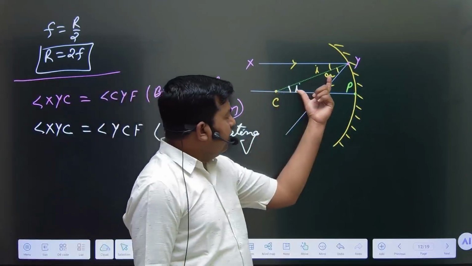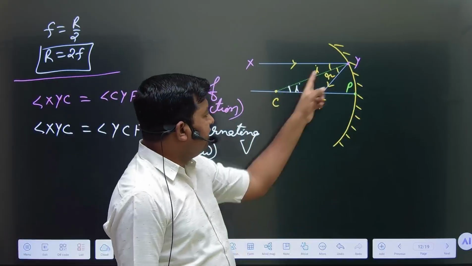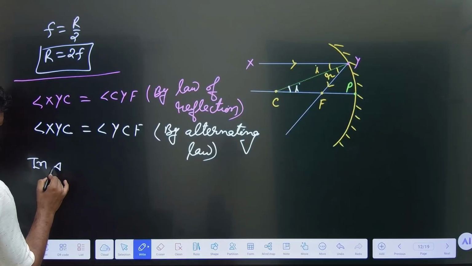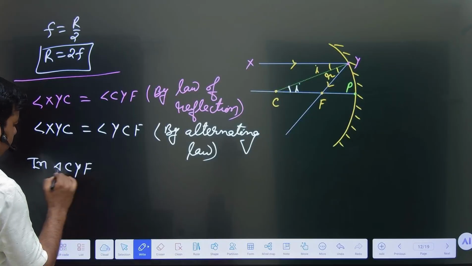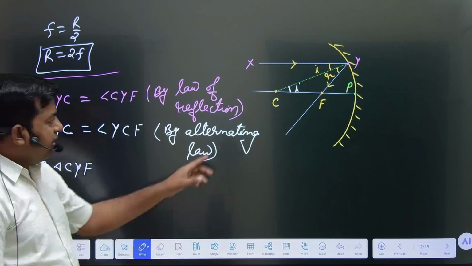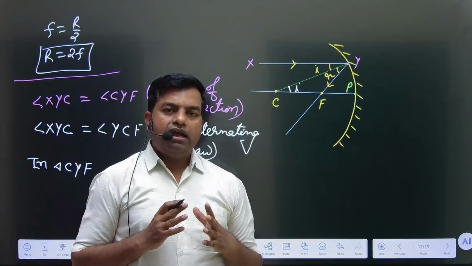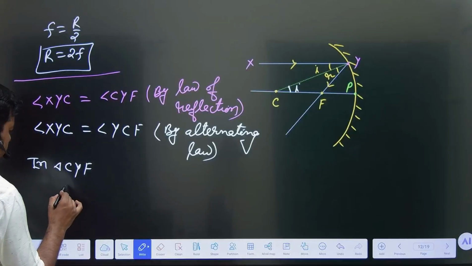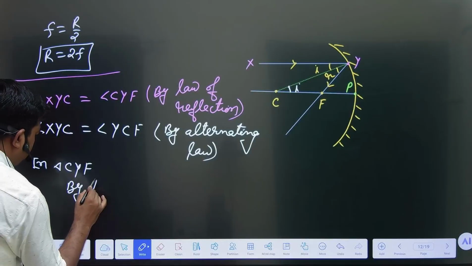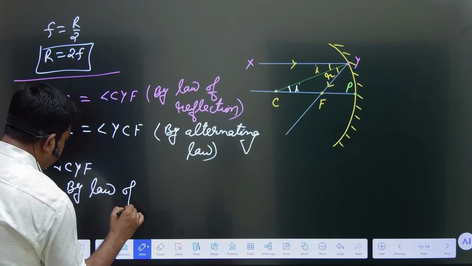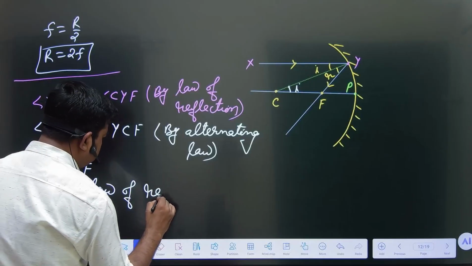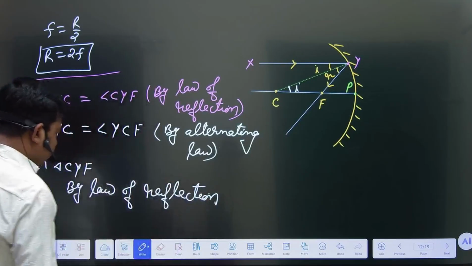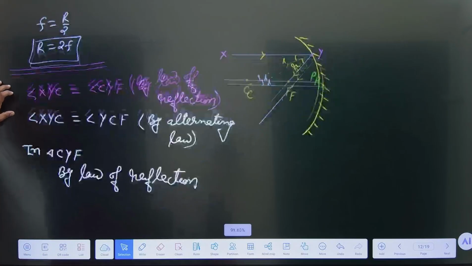Now we have to consider this triangle. So in triangle CYF, these two angles are equal by the law of reflection. Clear to you?